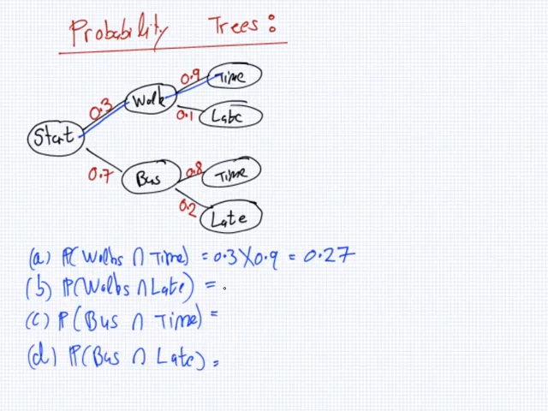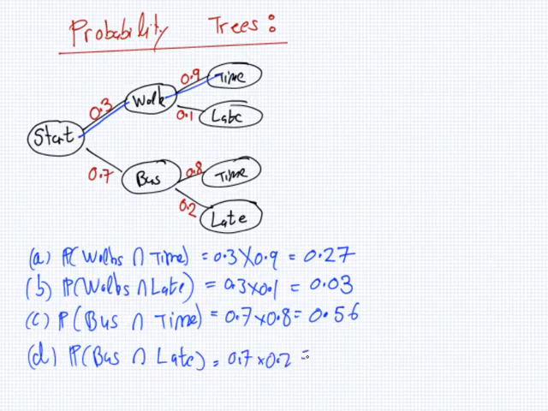Walks and is late. 0.3 multiply 0.1, which equals 0.03. Takes the bus and is on time. What's that one? 0.7 times 0.8, please. 0.56. And then lastly, takes the bus and is late is 0.14.